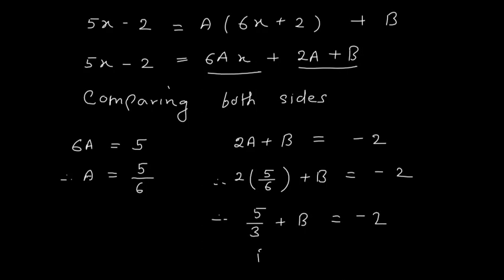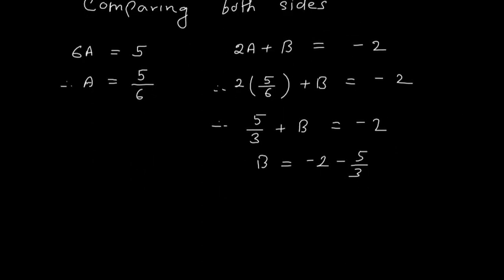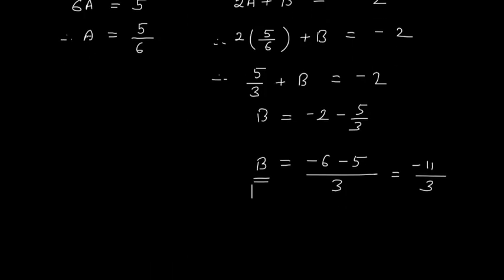So b equal to minus 2 minus 5 upon 3, which is minus 6 minus 5 whole divided by 3, which is minus 11 upon 3. So I got the value of a as 5 upon 6 and the value of b as minus 11 upon 3.